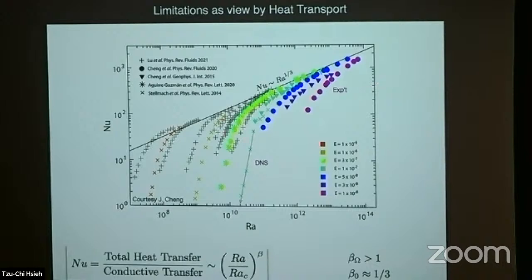What they lack is thermal control on the experiments. As they're coming down from the high end, not going the other way, they lose heat out of the side walls and things, so they lack the thermal control to actually get down onto the geostrophic branch.